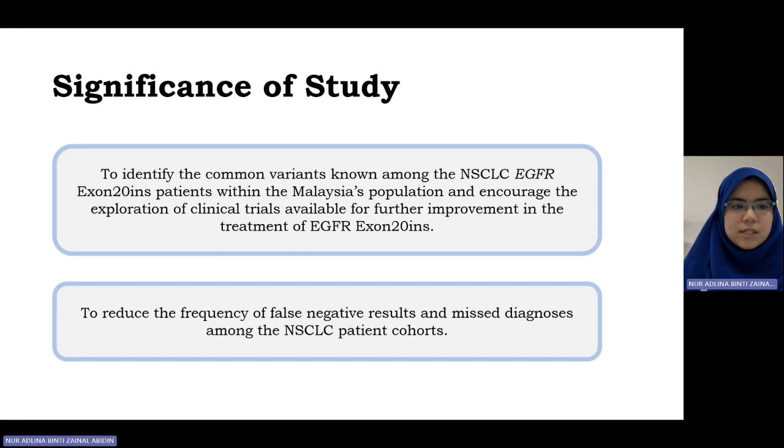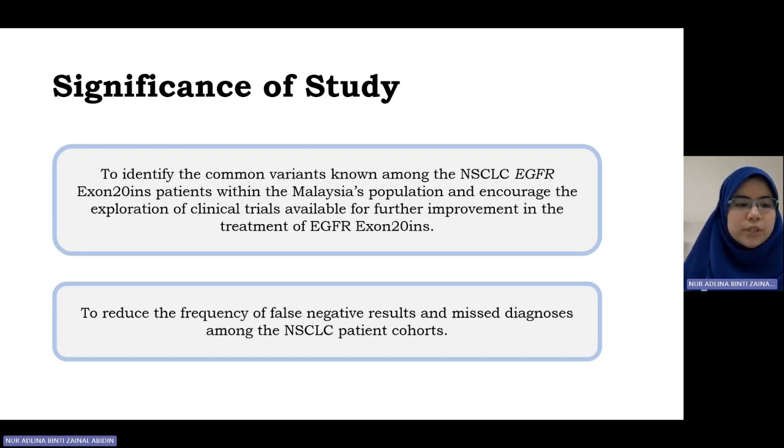The significance of this study is to identify the most common variant known among the non-small cell lung cancer EGFR exon 20 insertion patients within Malaysia's population, thus encouraging the exploration of available clinical trials for further improvement in the treatment of EGFR exon 20 insertion cases.